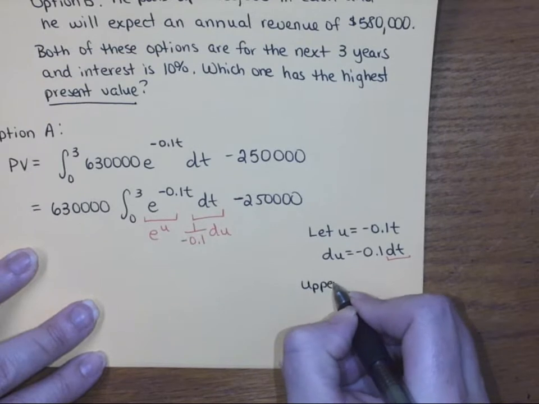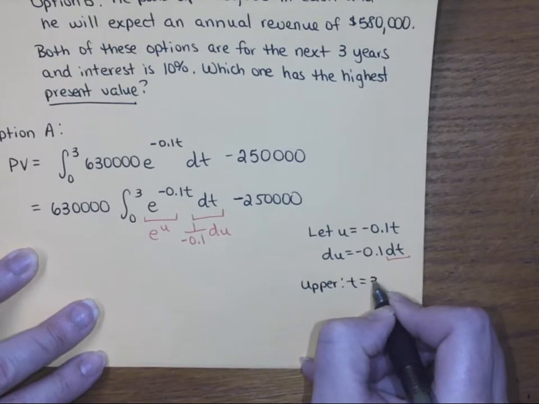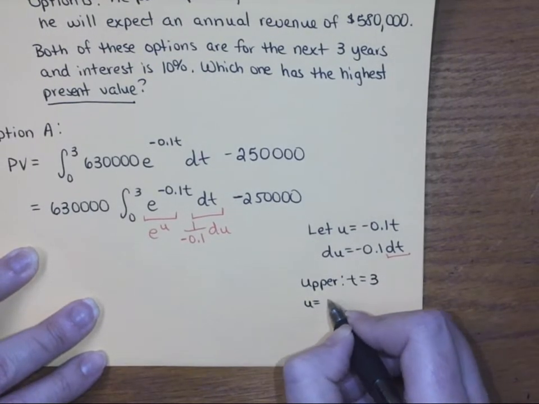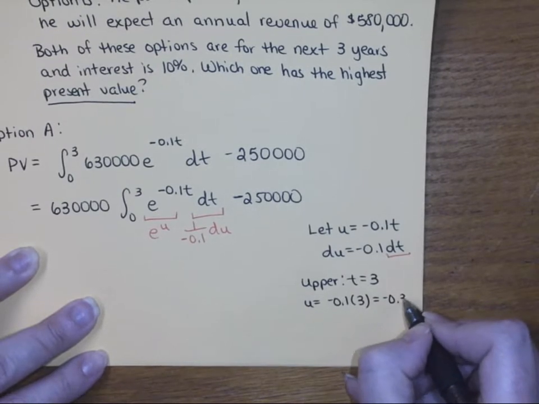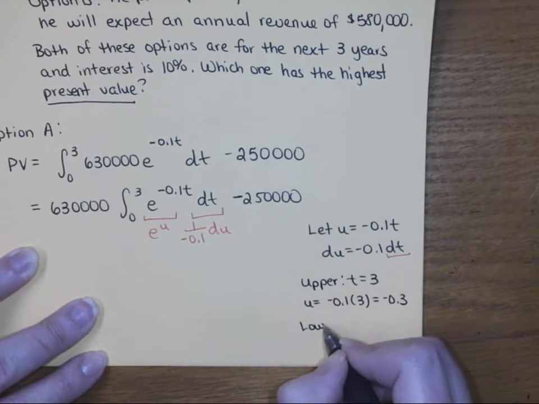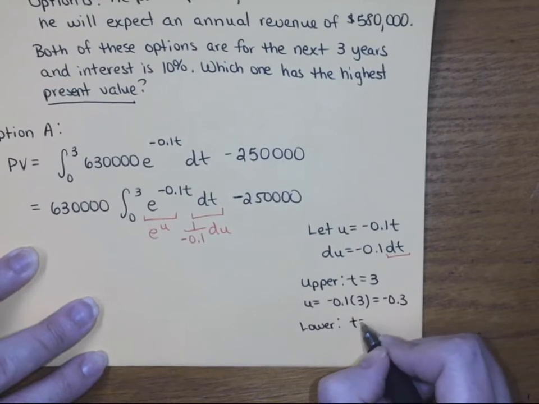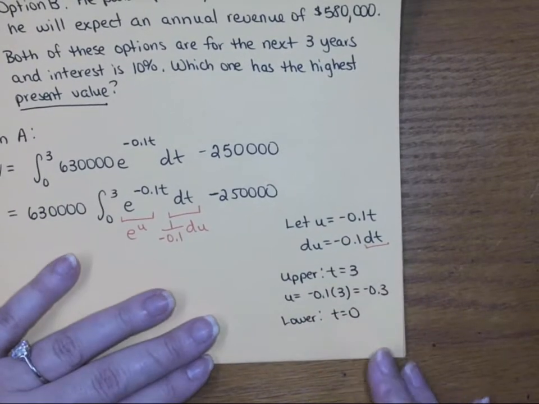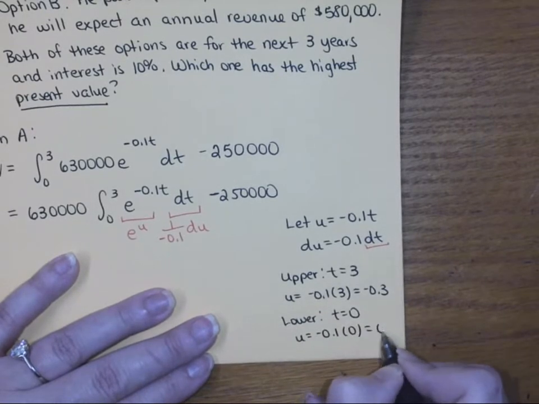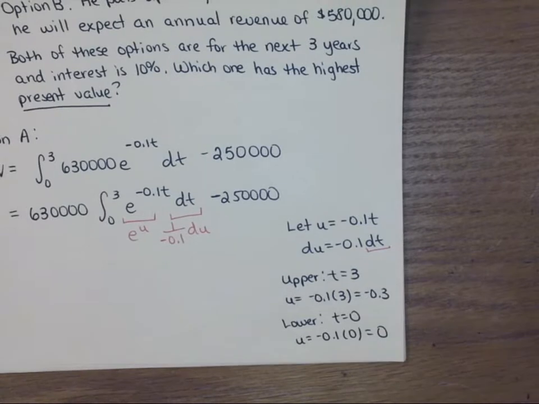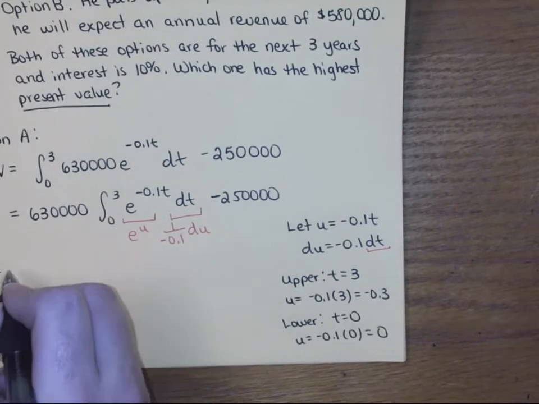So let's talk about the upper and the lower limits. The current upper limit is 3. So if you plug that in, you get negative 0.3. The current lower limit is 0. So if you plug that in, you get negative 0.1 times 0, or 0. So really important, here we go.